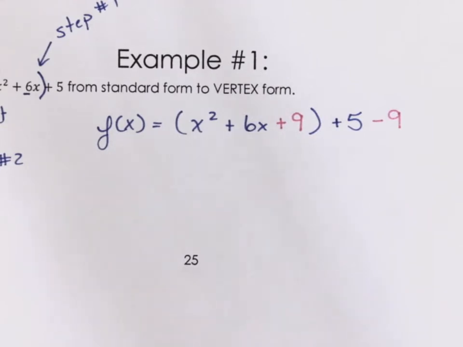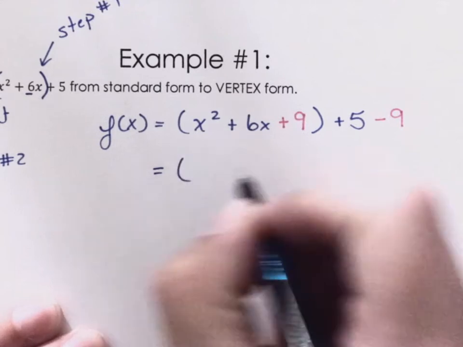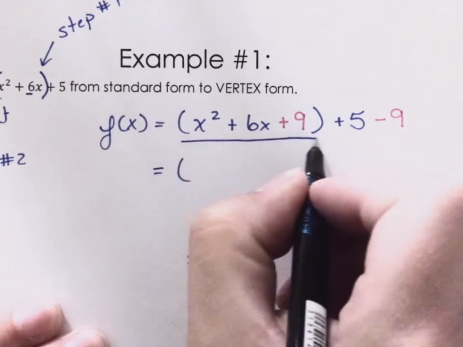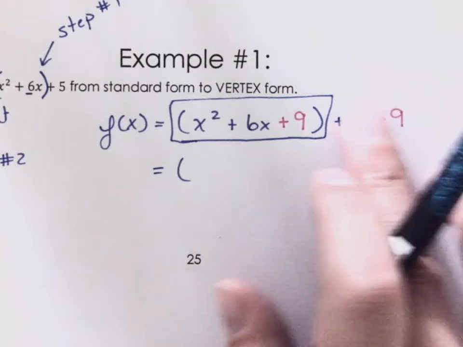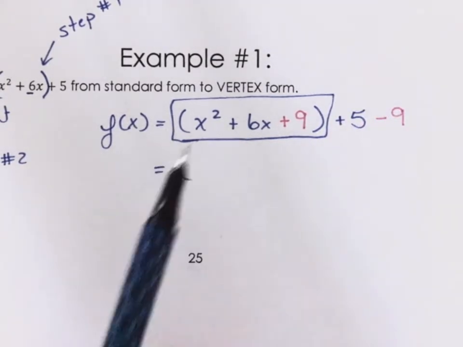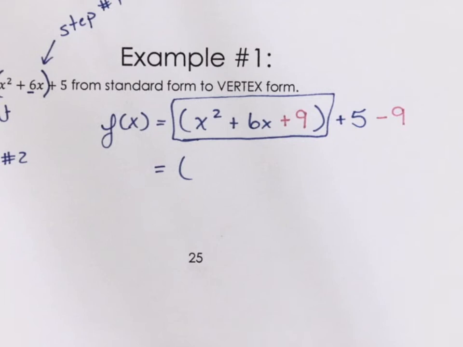So now, ladies and gentlemen, you are going to factor that trinomial. Don't worry about anything else. Don't worry about these. We're going to factor this. What are the factors of positive 9 that will add up to 6? 3 and 3.